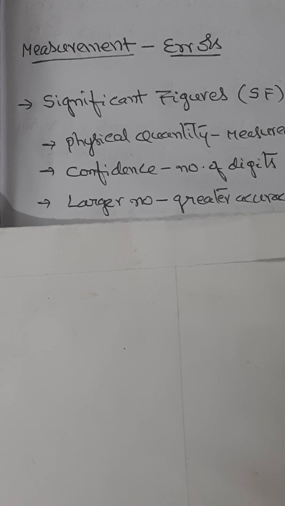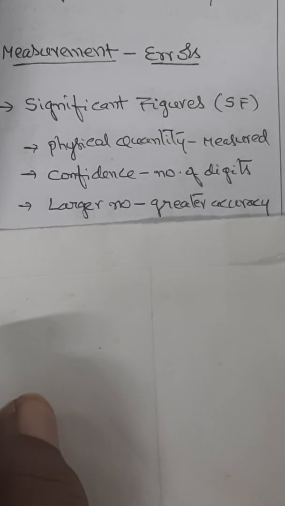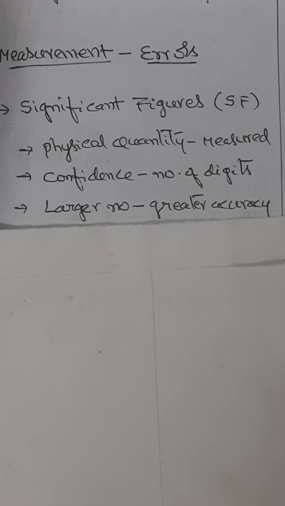Larger the number of significant figures obtained in a measurement, greater is the accuracy of measurement. The reverse is also true. So that means whenever you have more number of values, including decimals, then that much accurate could be your result.